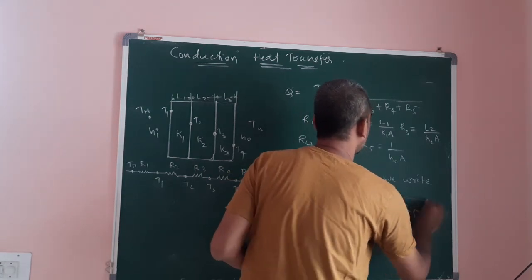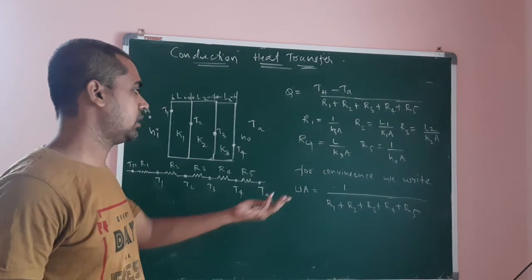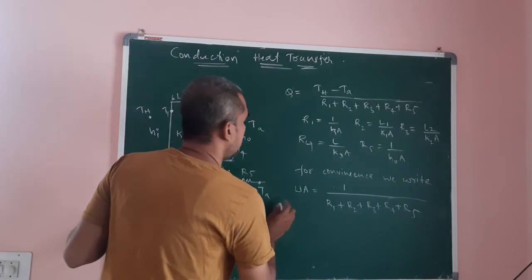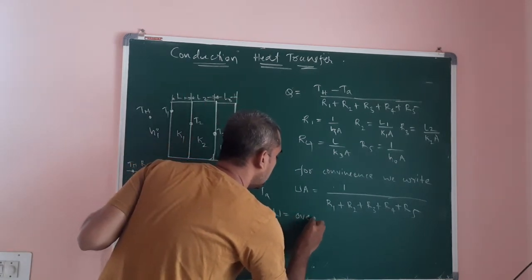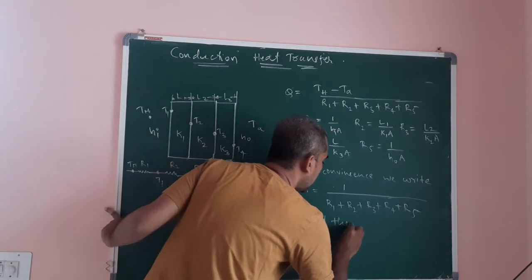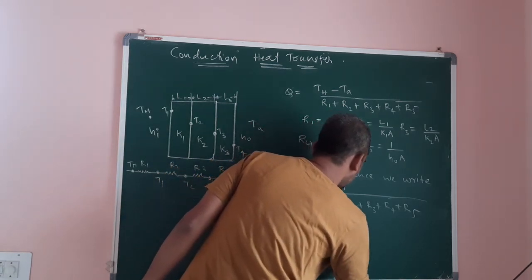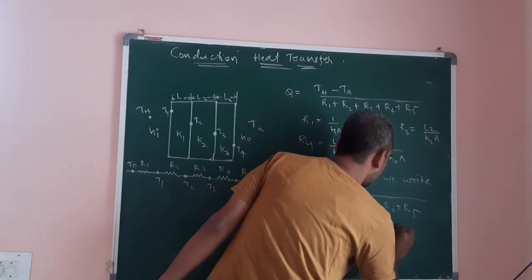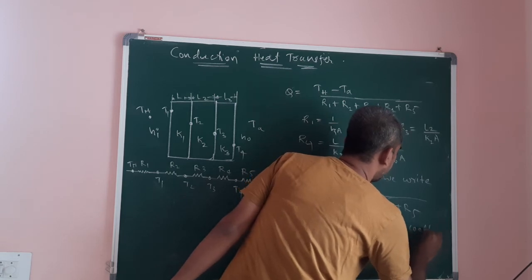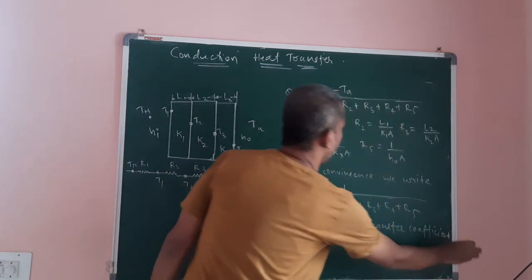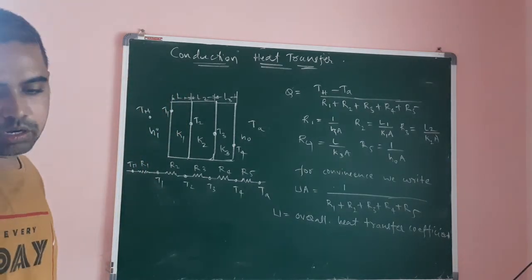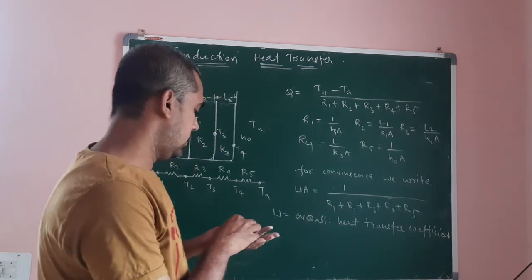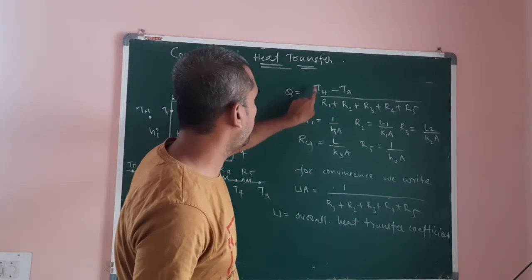Okay. This is one typical example we have taken. Whatever the resistances may be, we can take them. Overall heat transfer coefficient, what does it represent? Therefore, U is equal to 1 divided by all this.